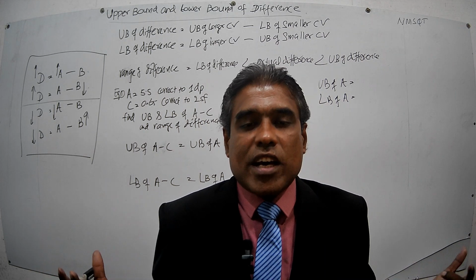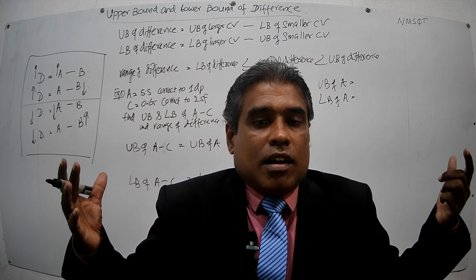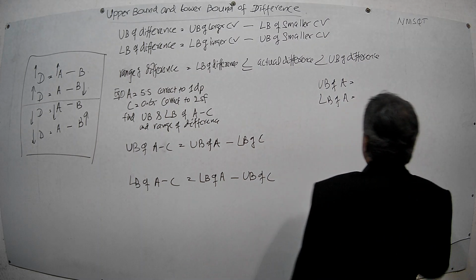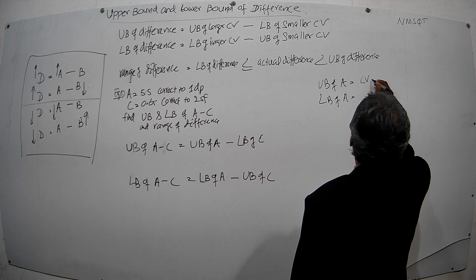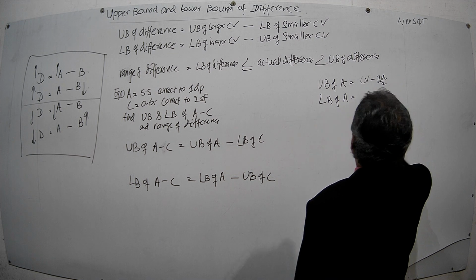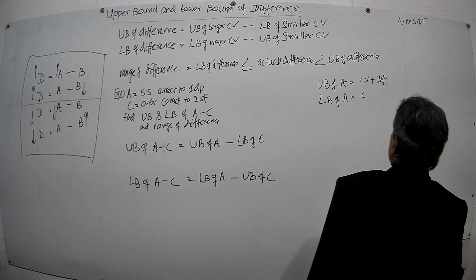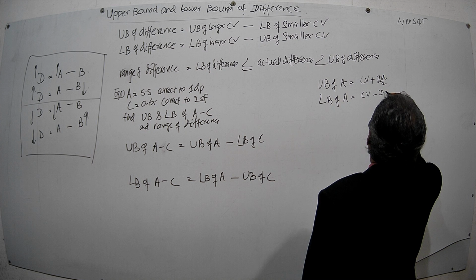How to find the lower bound of a corrected value: single corrected value minus degree of accuracy over 2. All right. Then upper bound of A equals corrected value plus degree of accuracy over 2. Lower bound of A equals corrected value minus degree of accuracy over 2.